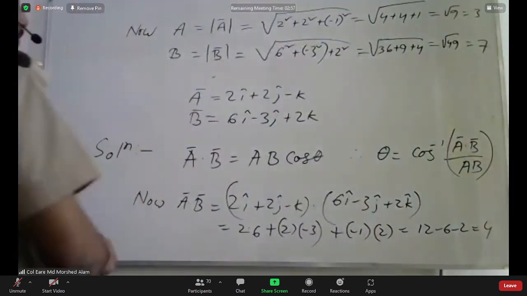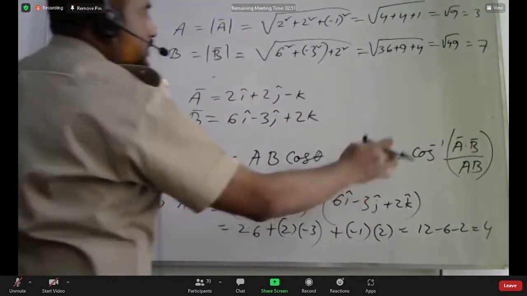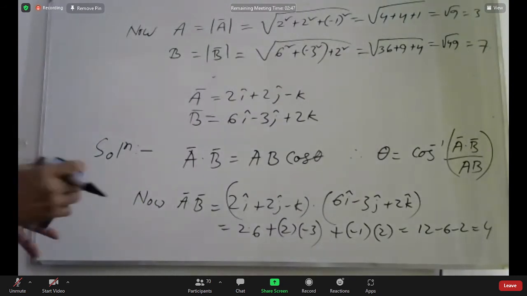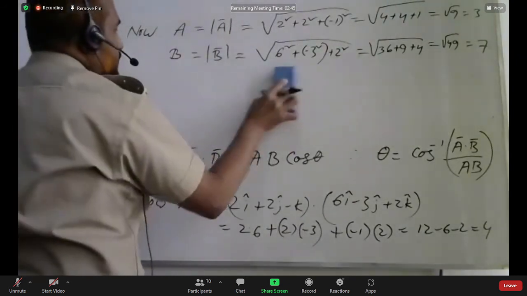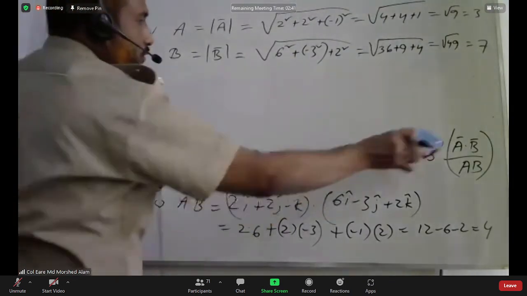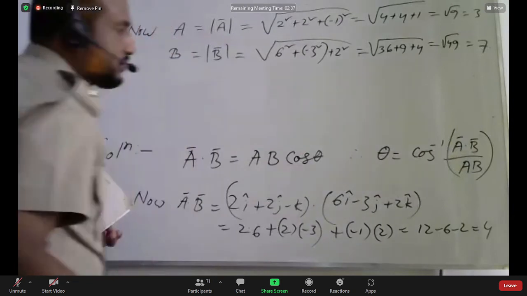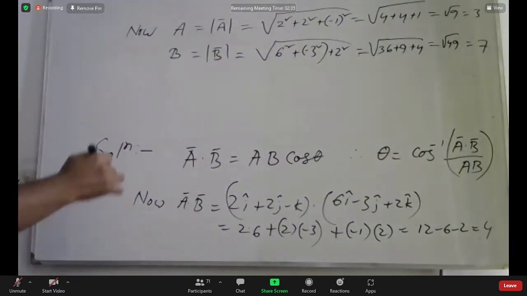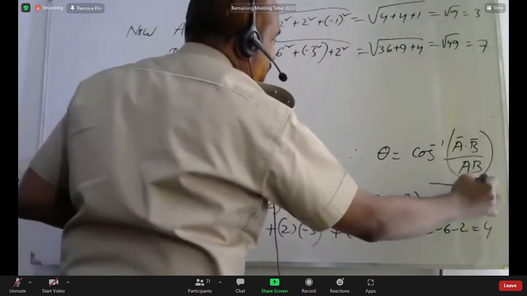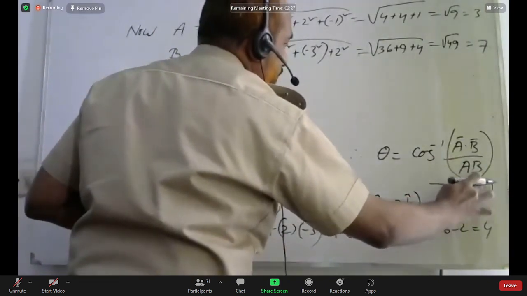So we have got A dot B, and we have got the magnitudes of A and B also. Therefore, we can write theta is equal to, putting the value of A dot B and the value of A into B, magnitude of A and B. You can name this equation 1.